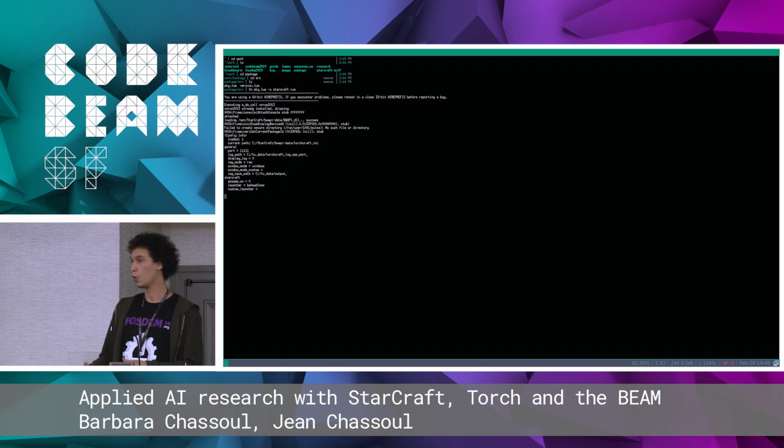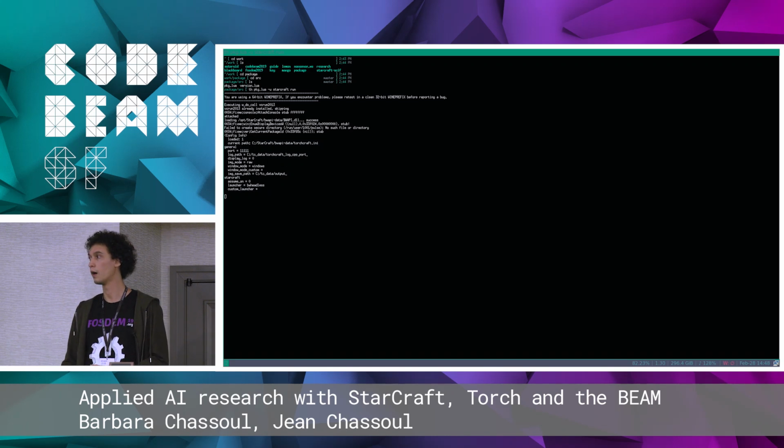Actually, all of this is possible thanks to an open source project from the Facebook group called TorchCraft, which is like the glue in between the engine of StarCraft and whatever other language you might choose to build bots, thanks to the 0MQ integration that they built for us.